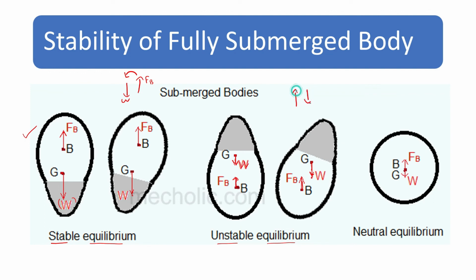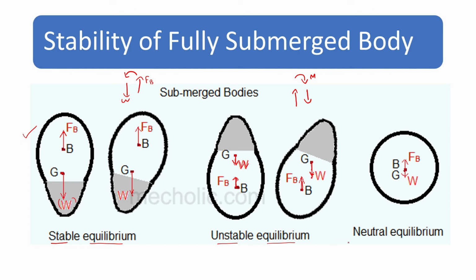You can see that this will create a clockwise moment, which will further cause the body to tilt rightward. It will not come back. That means the body is unstable. For a body to be stable, it should come back to its initial position. So the condition for stability is that the center of buoyancy should be above the center of gravity.